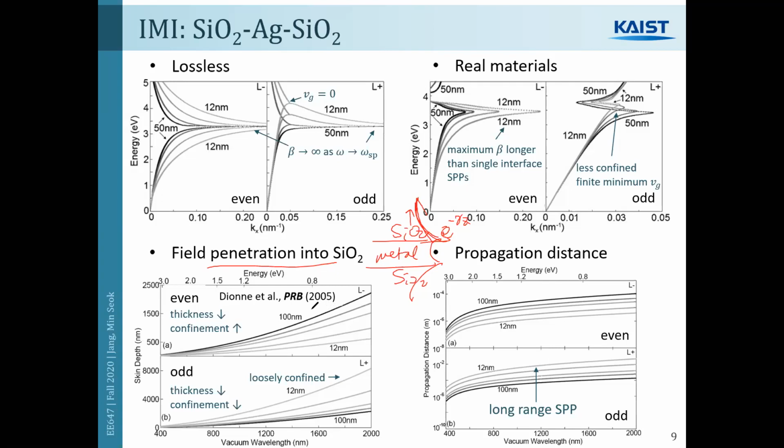As the thickness becomes smaller, it becomes more confined, but more lossy at the same time. It always satisfies this kind of trade-off relation. In the opposite case, when you make the core thinner, it becomes more loosely confined, and at the same time the propagation length also increases.